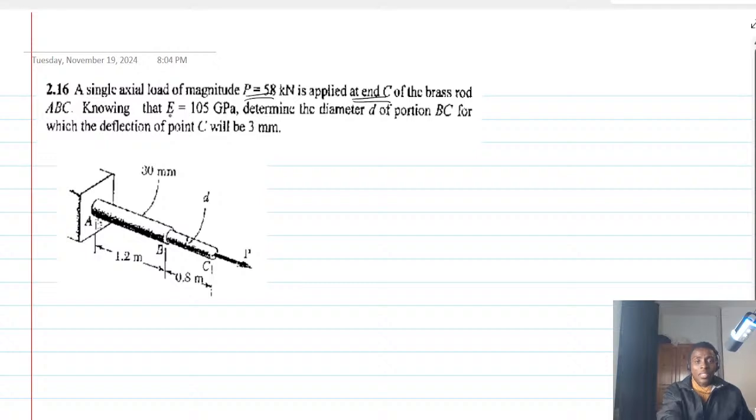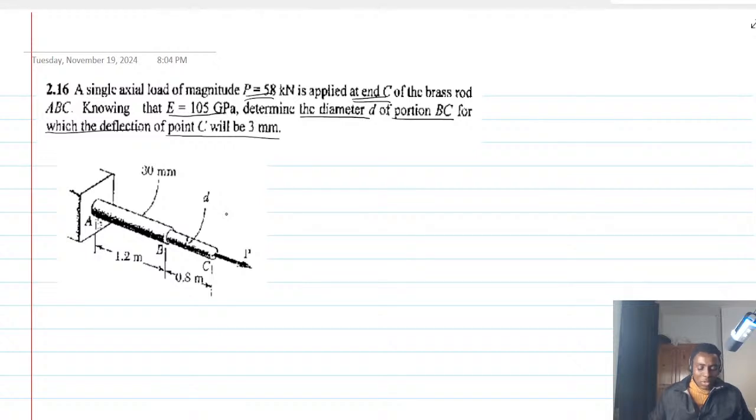Now, knowing that E is what? 105 gigapascal, determine the diameter of the portion BC, for which the deflection of the point C will be 3 millimeters. What a nice question. Okay, so how can I solve this problem? It's pretty much simple.